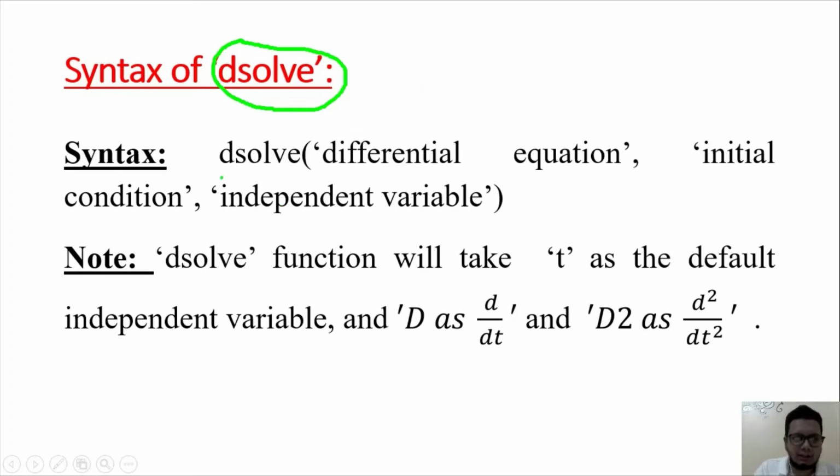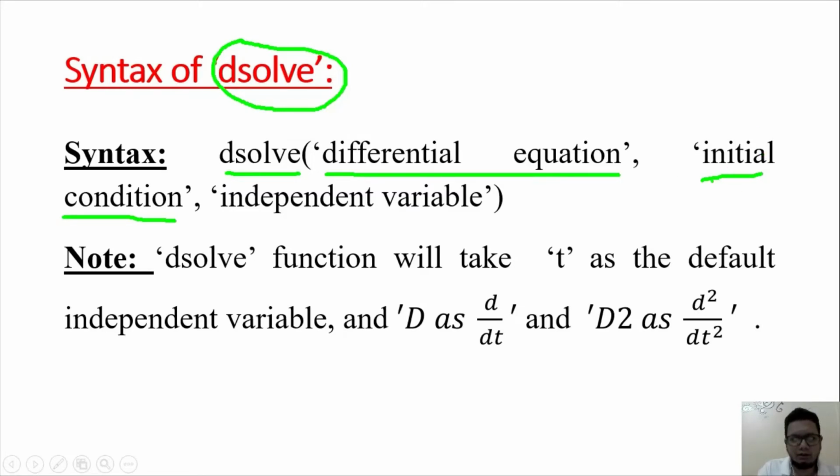So the dsolve function, the syntax is very important. So dsolve, all in small letters. Then write your differential equation in single quotes, then comma, then initial condition. If it is an initial value problem, give your initial condition. If it is a boundary value problem, you have two conditions to be given.